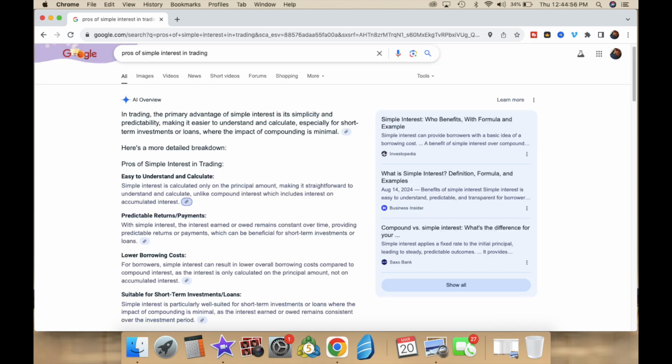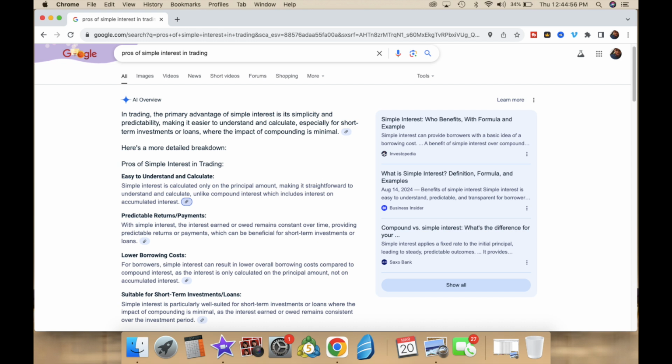Okay, so now I want to go over the pros and cons of both simple interest and compound interest. So I went ahead and put it in Google to see what results it would give me. And one of the results was for the pros of simple interest. It's easy to understand and calculate, predictable returns and payments.